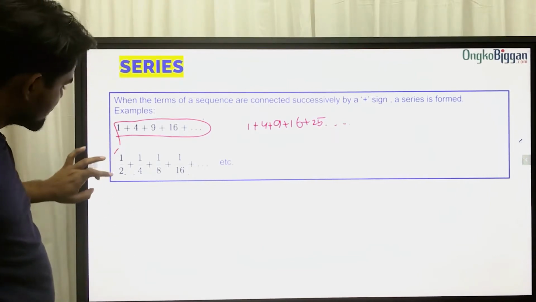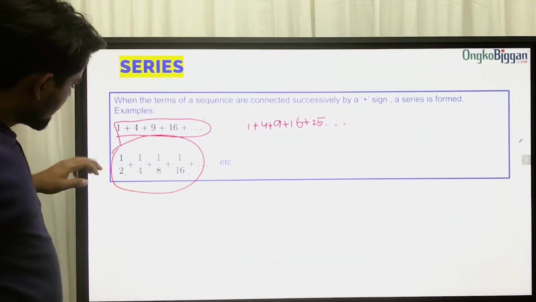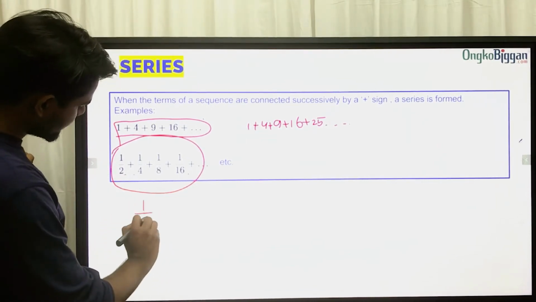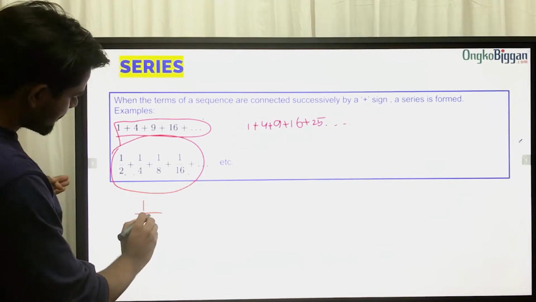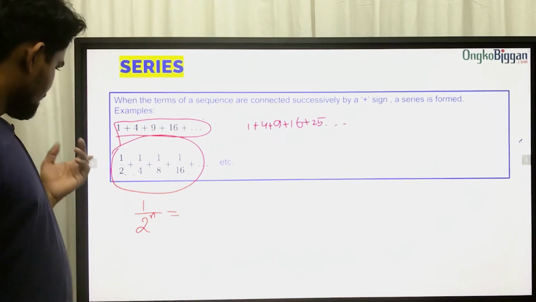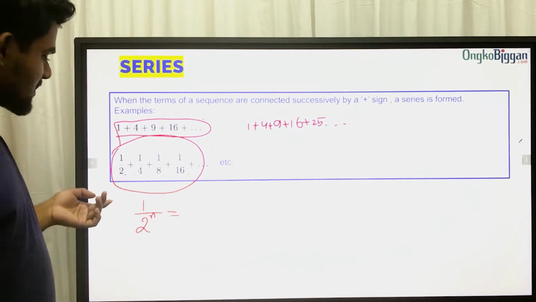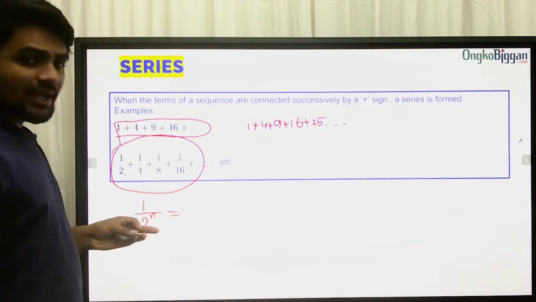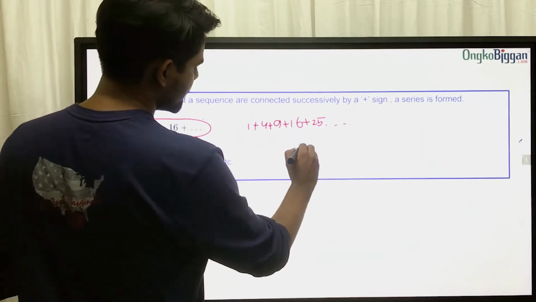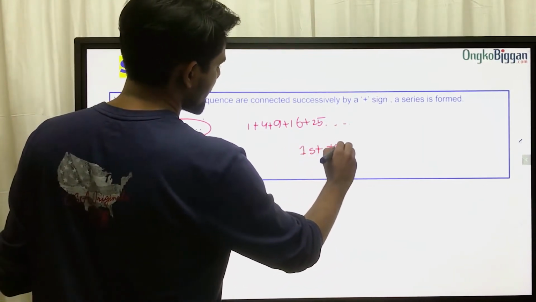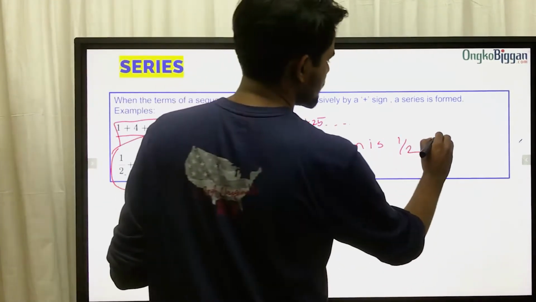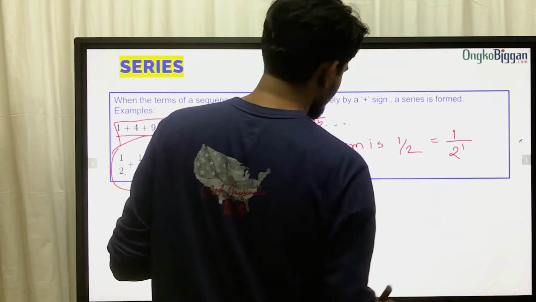Similarly, this is another series. The general term of this is 1 by 2 to the power of n, maybe. It could be 1 by 2 to the power of n minus 1 most probably, because the first term is half, which can also be written as 1 by 2 to the power of 1.